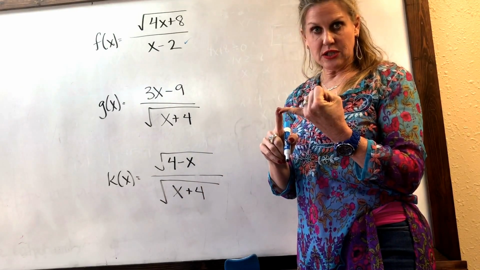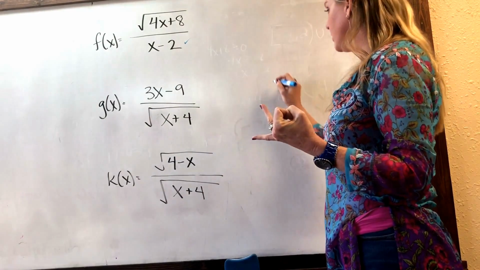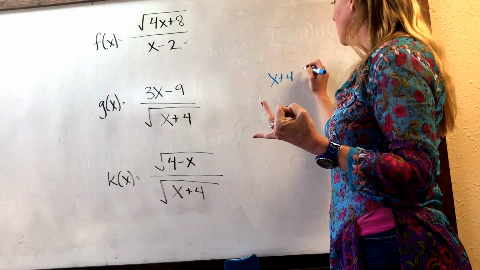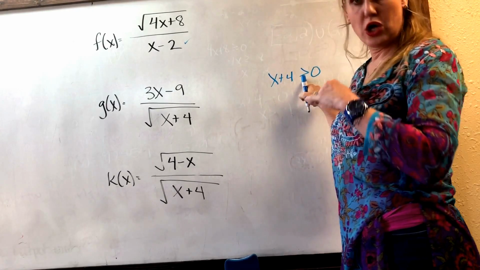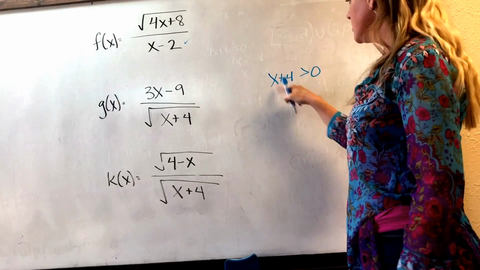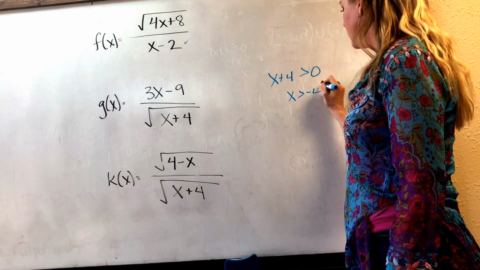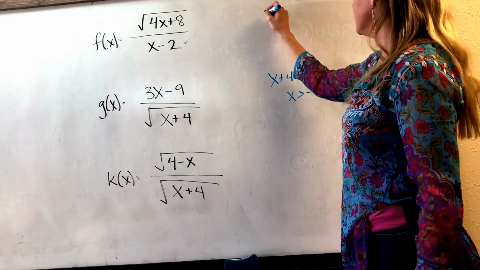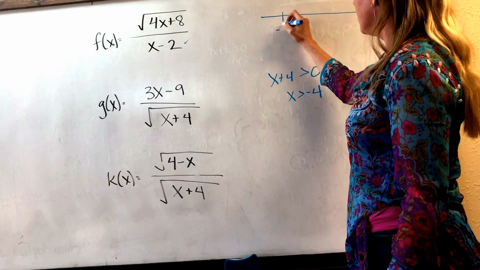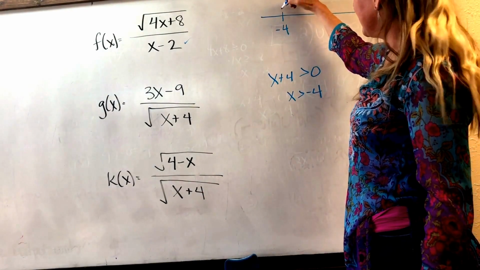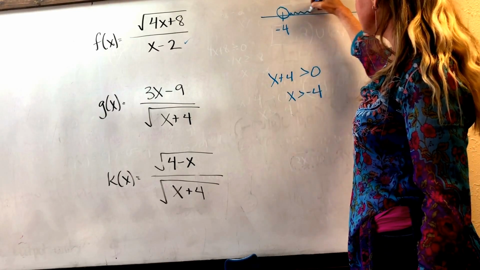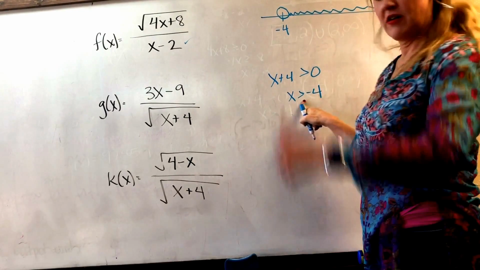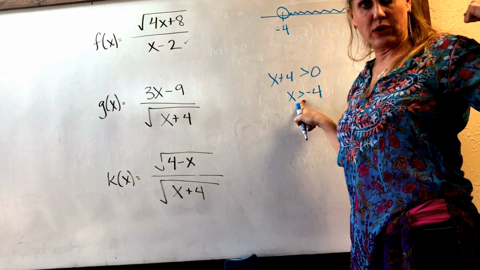Under a radical in the denominator, which means x plus 4 greater than 0, no equal bar. Solve for x. So the part that makes the bottom happy is -4. Can't have it. Yes, you may pick anything forever and ever bigger than -4.